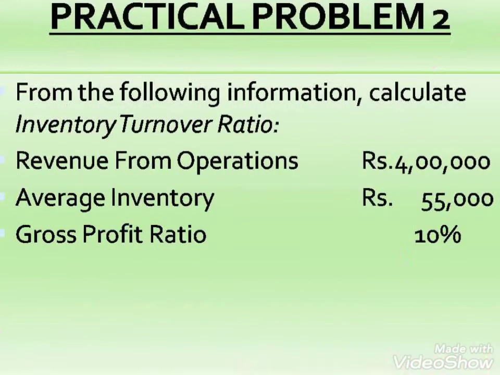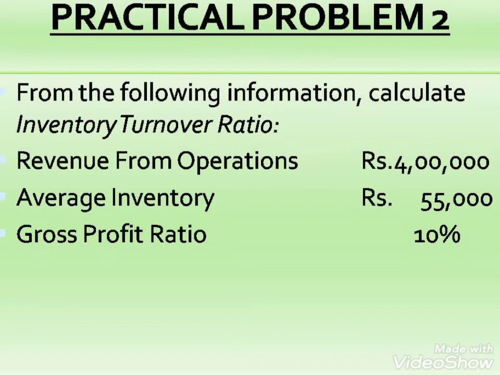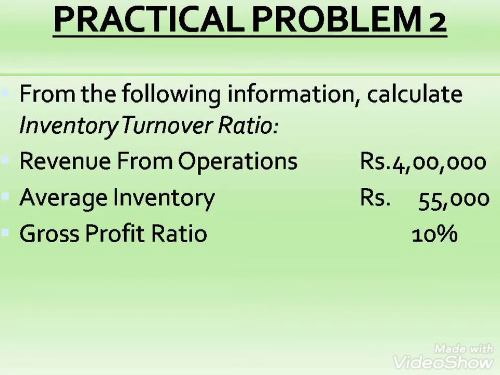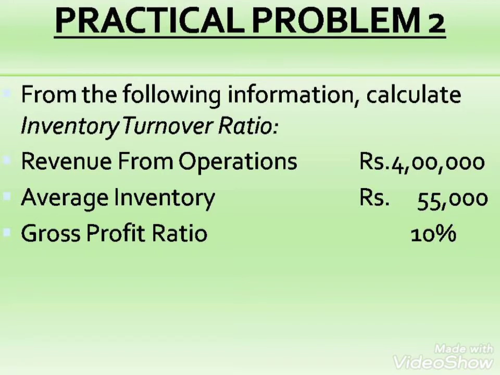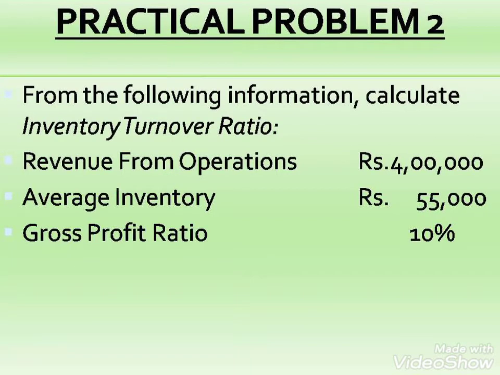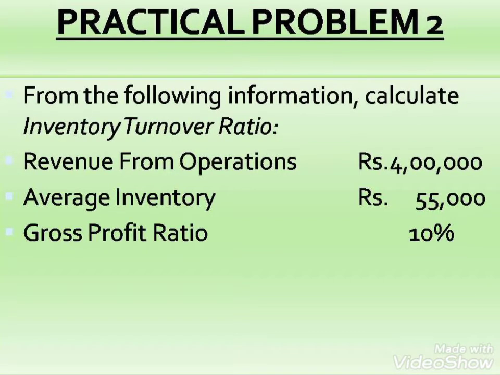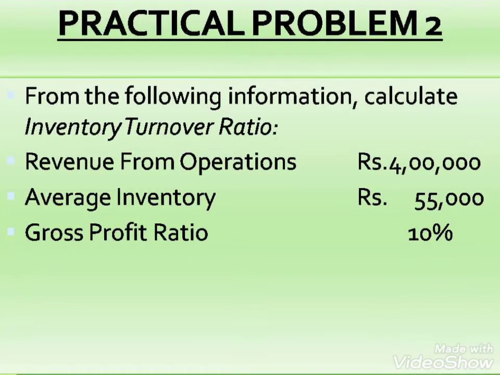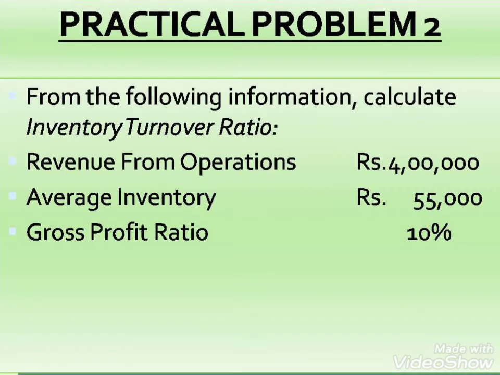In the second practical problem, the information is given like revenue from operations, average inventory, and gross profit ratio. In practical problem 2, the gross profit ratio is given at the rate of 10%. Again we need to calculate inventory turnover ratio. Now let's go through the solution part of practical problem 1 and practical problem 2.